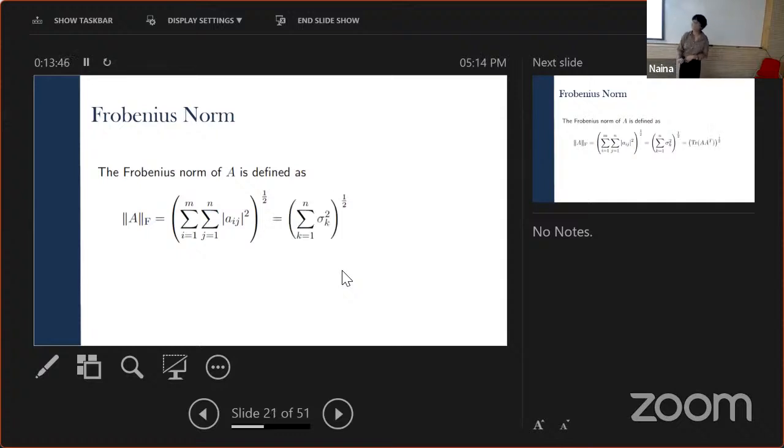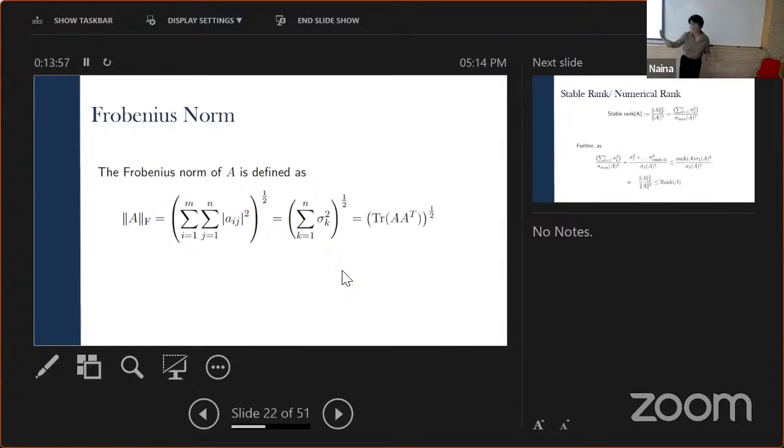Equivalently, you can also define this as the square root of the sum of the squares of the singular values of the matrix. Or equivalently, you can also define it as the square root of the trace of A times A transpose, where A transpose is essentially the matrix A with its columns and rows switched.